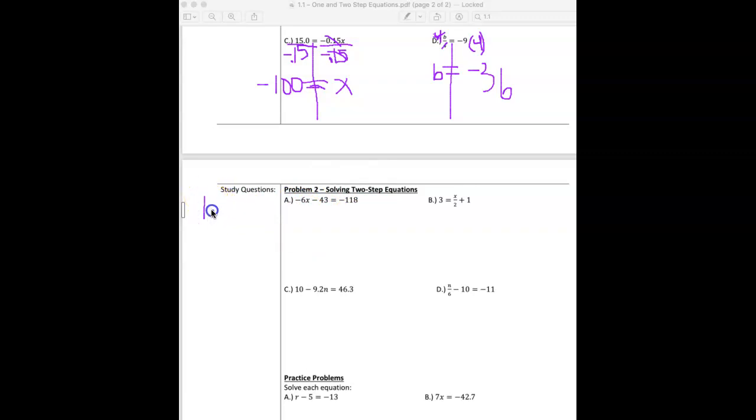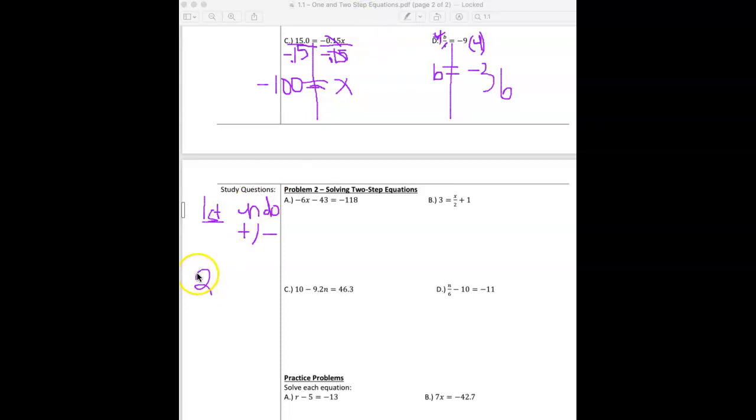First thing you want to do is undo adding or subtracting, right? I'm just going to put plus minus because I just got to be a little quicker. So undo adding and subtracting first, and second, let's get a different color real quick.